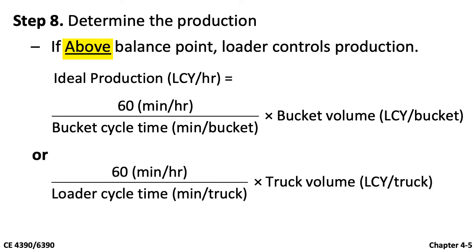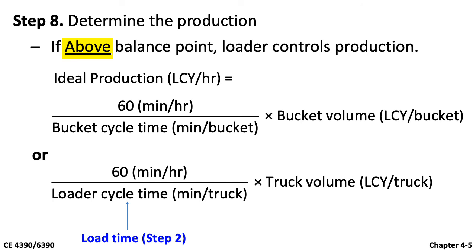However, don't use this equation since the production is also determined by the truckload. So this equation may result in a production which is greater than the truck capacity. For this reason, you need to calculate the ideal production by multiplying the number of truckloads by the truck volume.